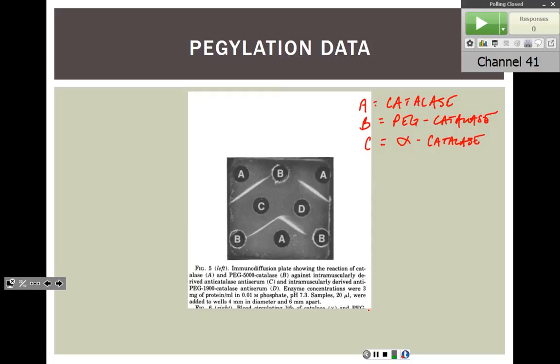Excuse me, these are antibodies derived against non-pegylated catalase. And then in D, we have antibodies raised against pegylated catalase. So anti-peg catalase.